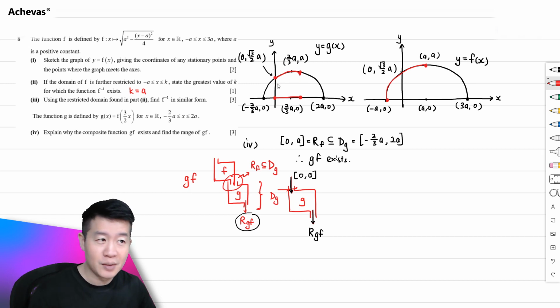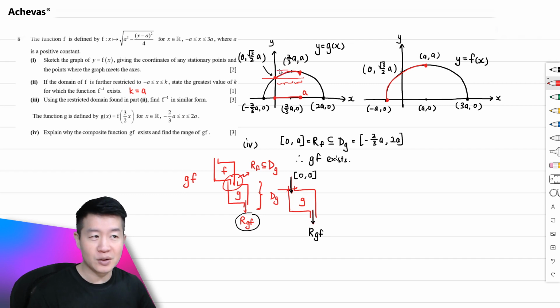How do we know this? Because from here to here is 2/3a. But from 2/3a to a, this is just 1/3. So it comes down less than it comes down as compared to this. That's why this is at a lower point as compared to this.